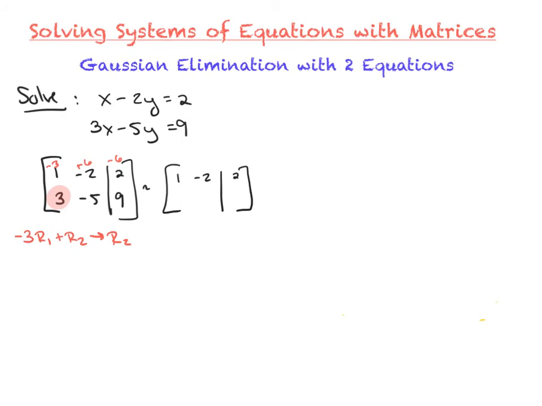And when we add those together, we get -3 plus 3 is 0. -6 plus -5 is 1. -6 plus 9 is 3.